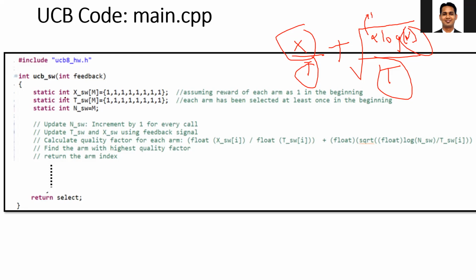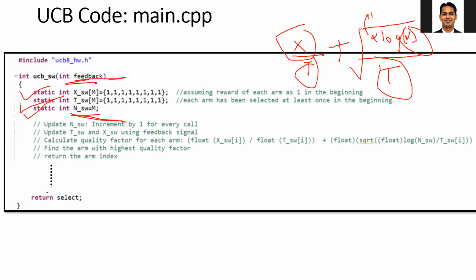So you can see that in the beginning you define this as static. In the beginning, you assume that all arms have been selected once and your n is equal to m. That means you have already done the 8 selections, one for each arm. Then what will happen? You receive the feedback.